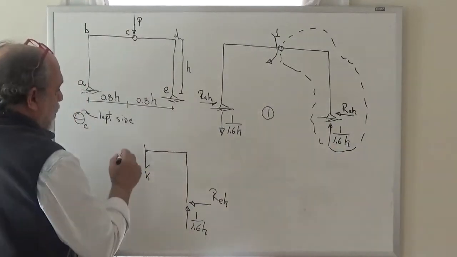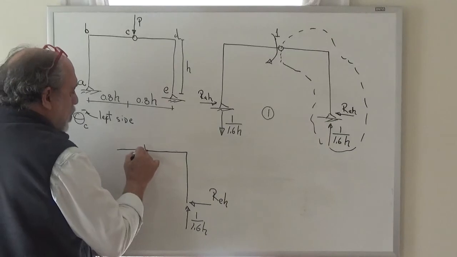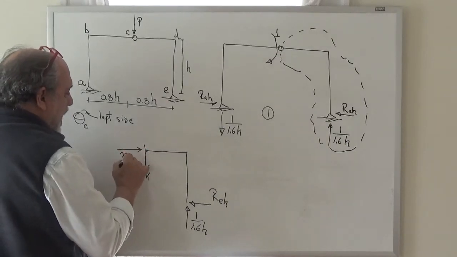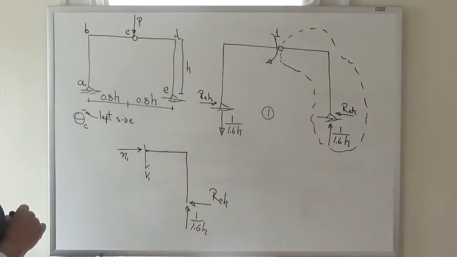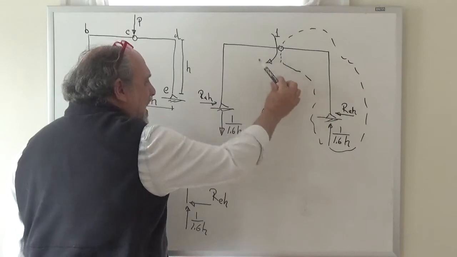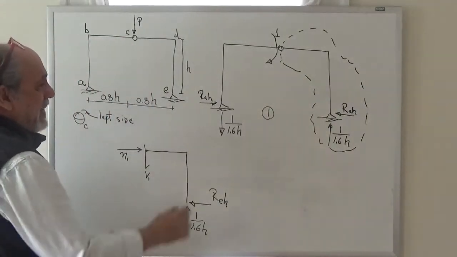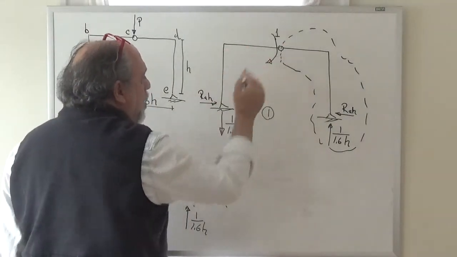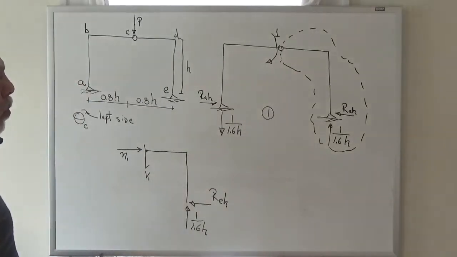And there could be, of course, an axial force, which we can call N1 at the hinge, right? And there is nothing else because this one is not in our bubble. It's on the left side of the hinge. Had I taken the other free body, then I would have had to include the 1.